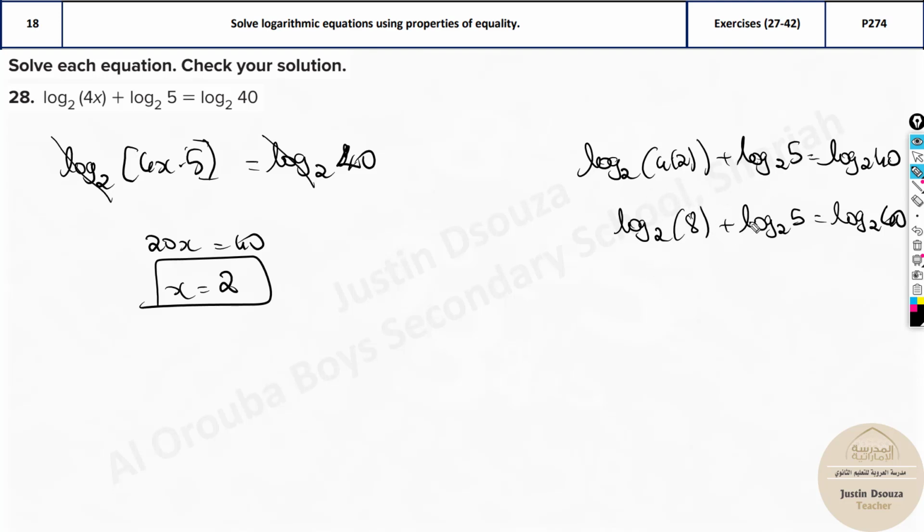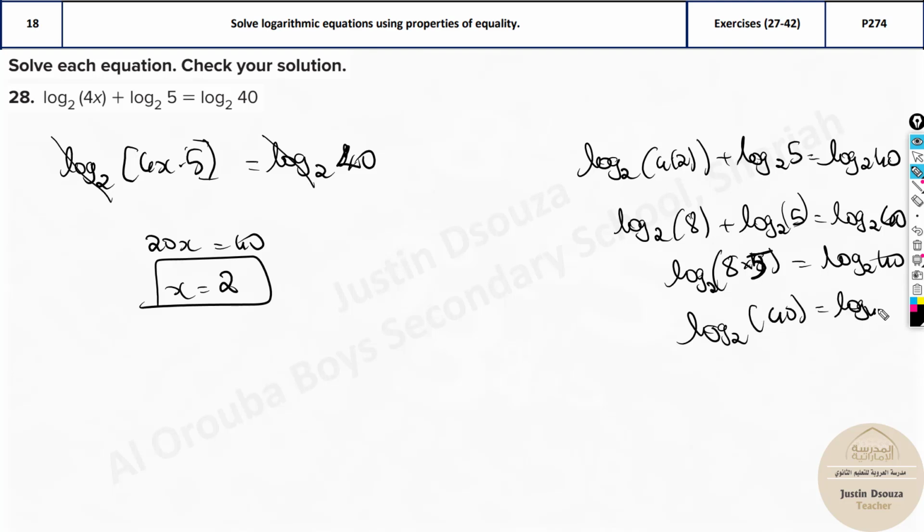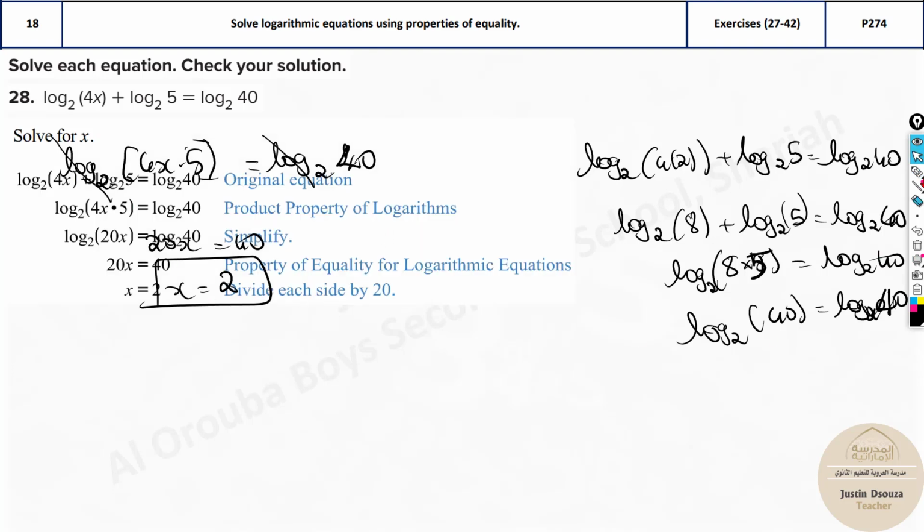And now we can use the rule, that is multiply these together. So log base 2 of 8 times 5 equals log base 2 of 40. What is 8 times 5? It is 40. That is equal to the right hand side. Yes, this is correct. The answer is 2.